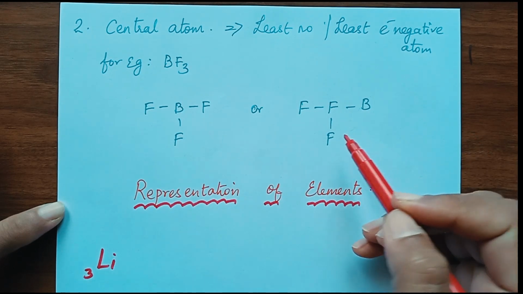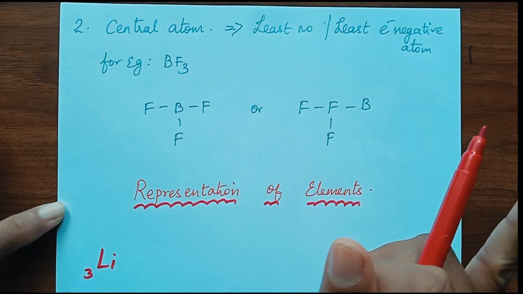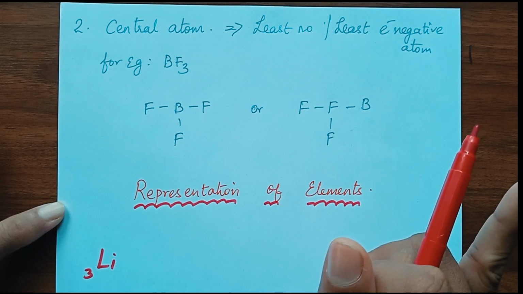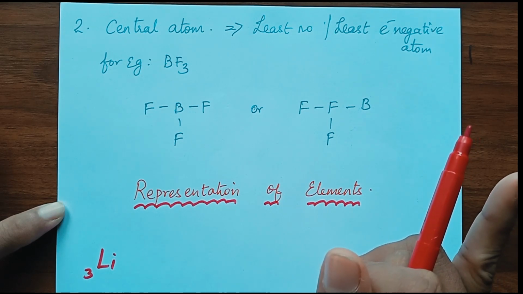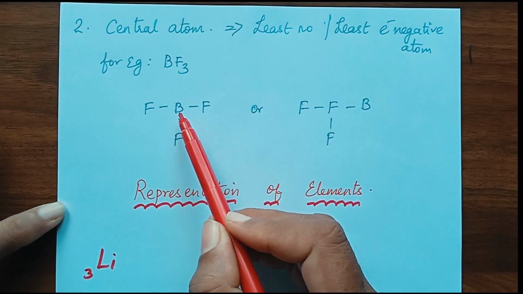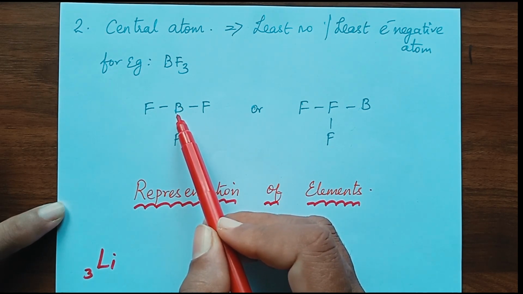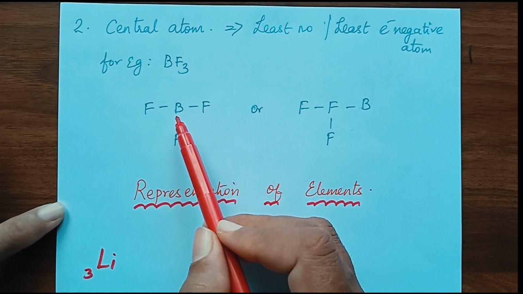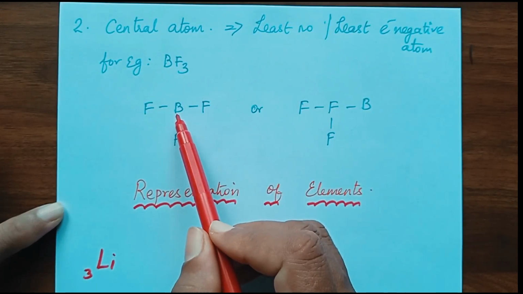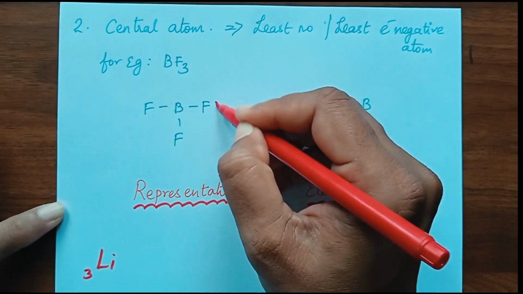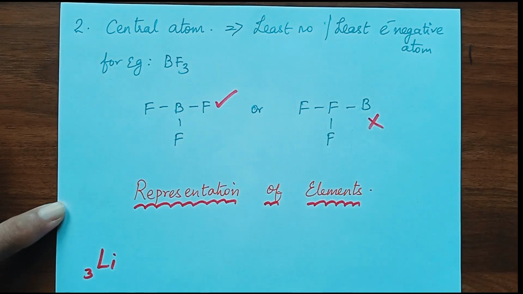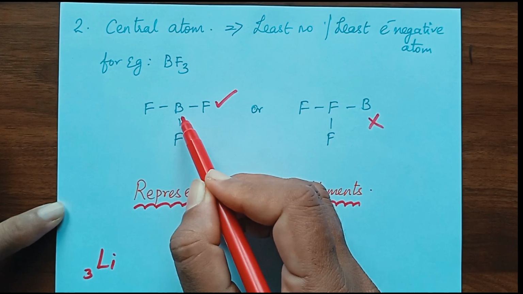So to find the central atom, there are many factors. First, we can see the least number of atoms. Boron has the least number of atoms, so we can write boron in the center. Or we can see the least electronegative element. Here boron is the least electronegative element, so this structure is the correct structure and this is not a correct structure. So boron will come in the center.